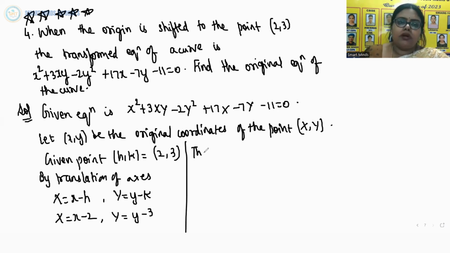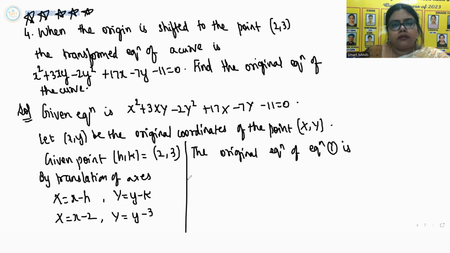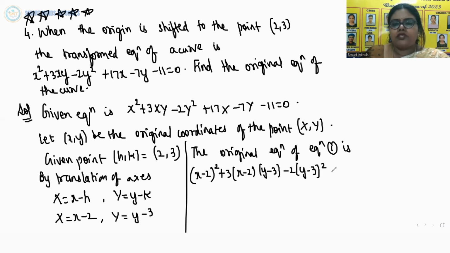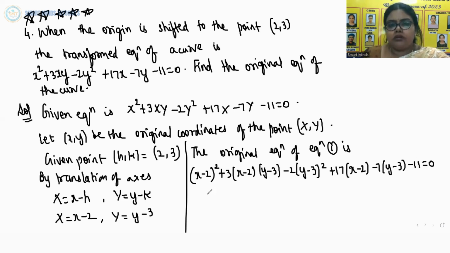Now the original equation of equation number 1 is, now substitute these values, (x − 2)² + 3(x − 2)(y − 3) − 2(y − 3)² + 17(x − 2) − 7(y − 3) − 11 = 0.